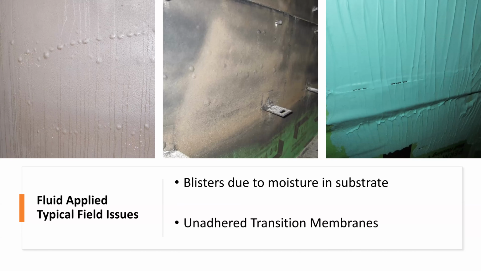And so you start to pull all that moisture to the surface of the membrane, and it creates these little bubbles or blisters. If you go around and see bubbles or blisters, 9 times out of 10, that's an indication that we have substrate moisture content that was too high at time of application.